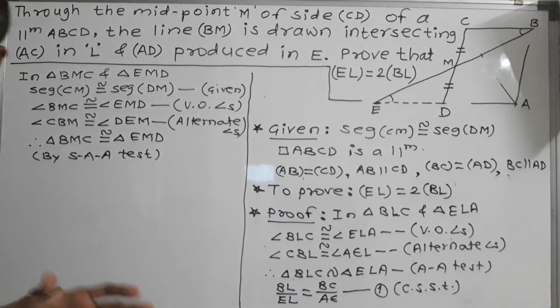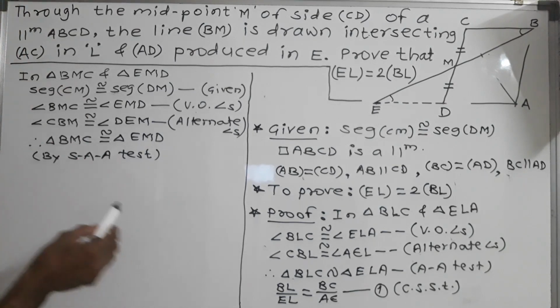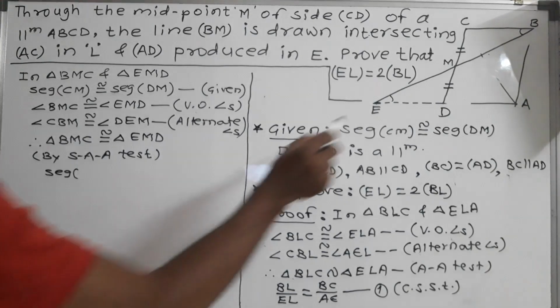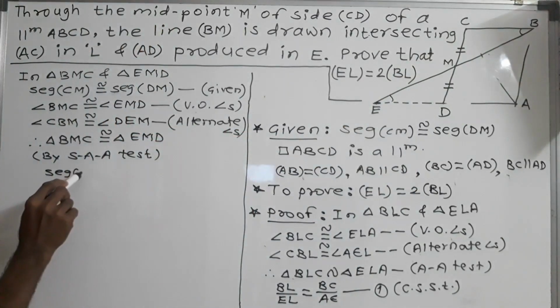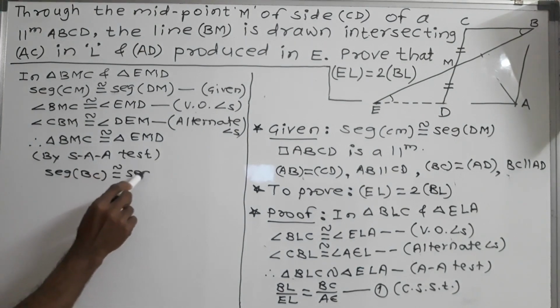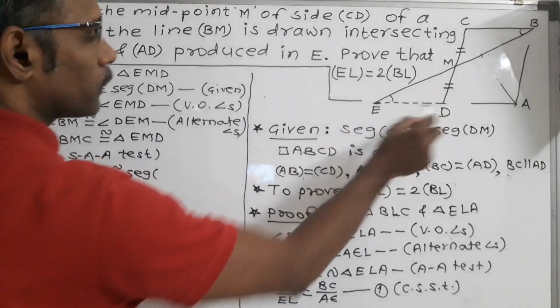When these two triangles are congruent by any test, then the remaining parts are also congruent. Therefore segment BC is congruent to segment DE.